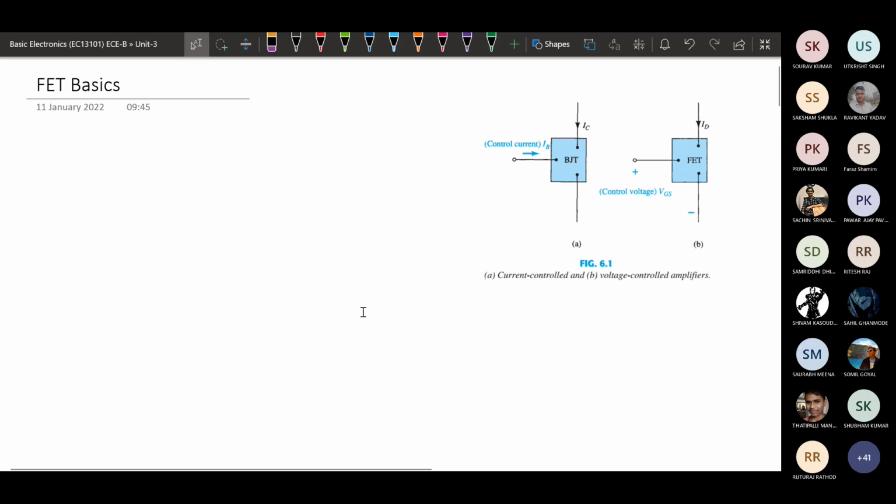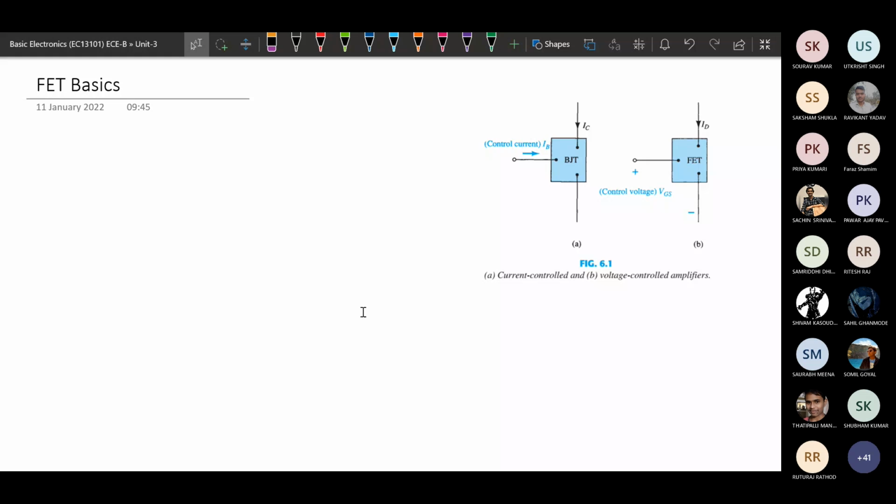Yes. So now we will start with the next topic, that is FET, called field effect transistor. Initially we have gone through the transistor, that is BJT. Now we will be going with another type of transistor, called field effect transistors.